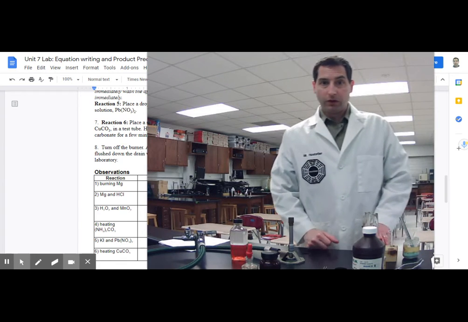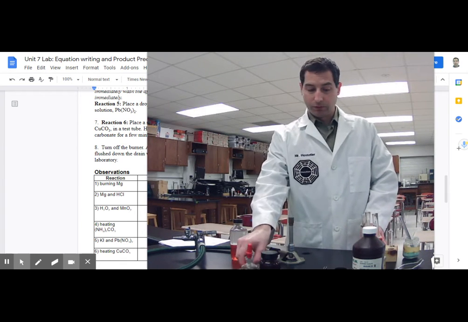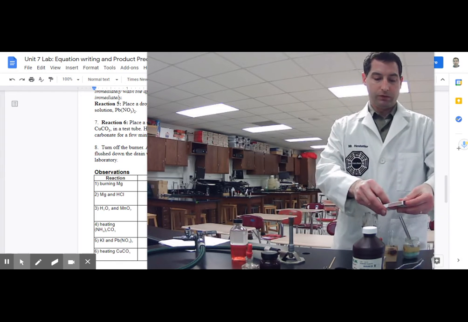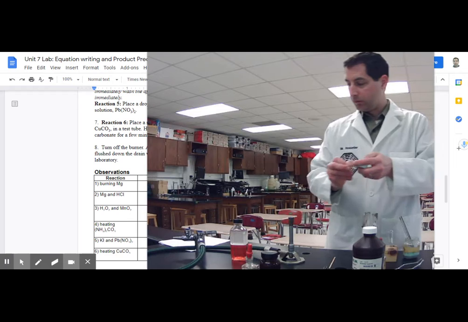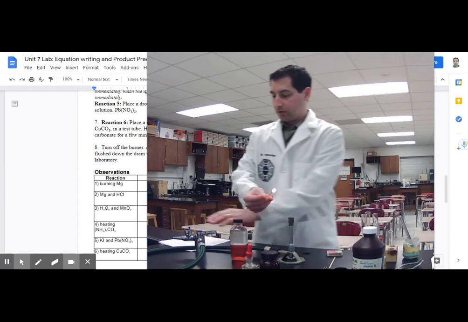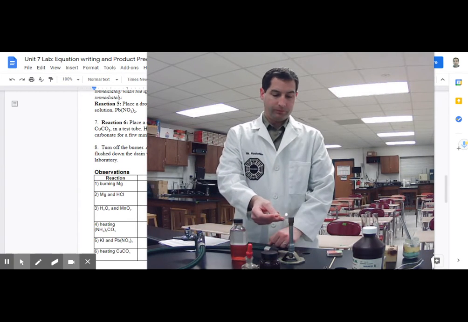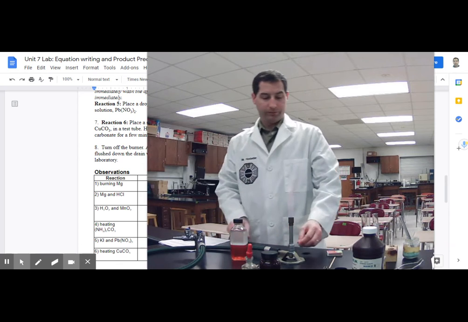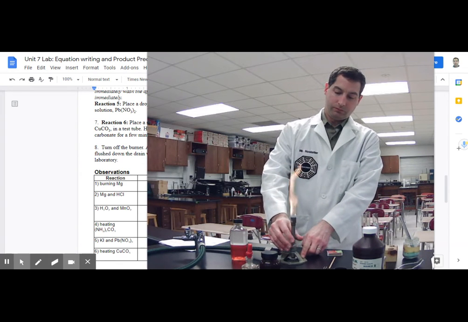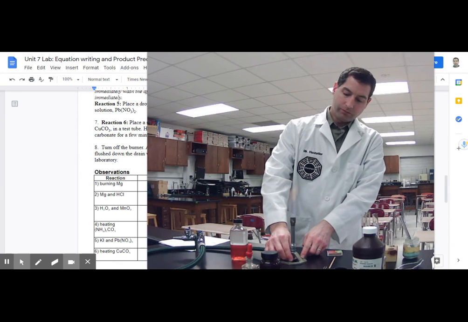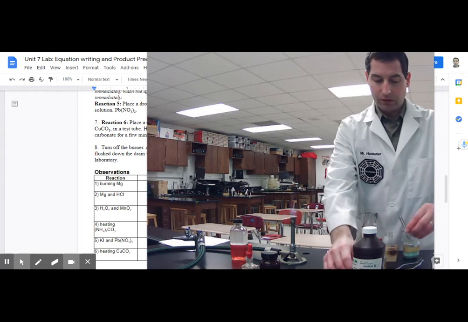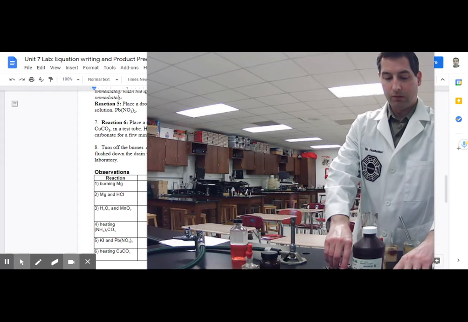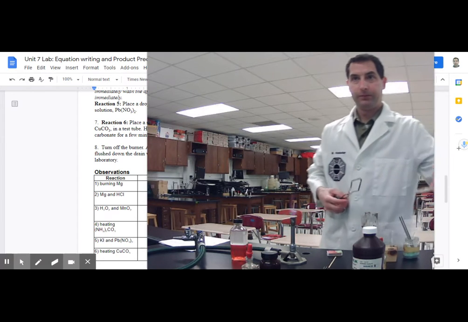All right, so let's take a look at some of the reactions. So the first thing we need to do is to burn some magnesium. So this will be the first one. So I'm going to take a piece of magnesium and then hold it into the flame.